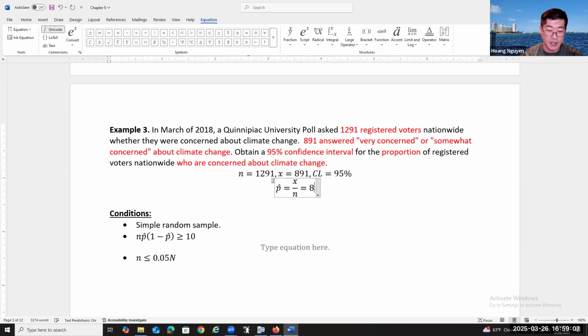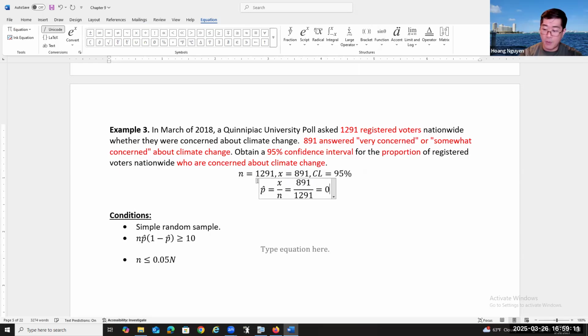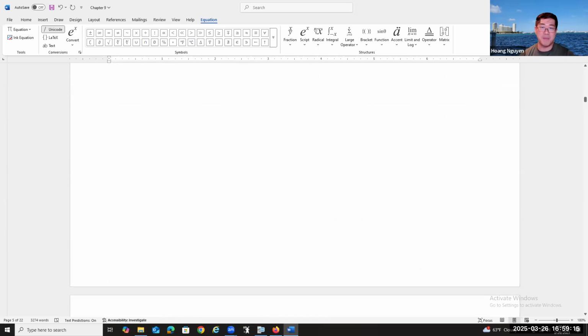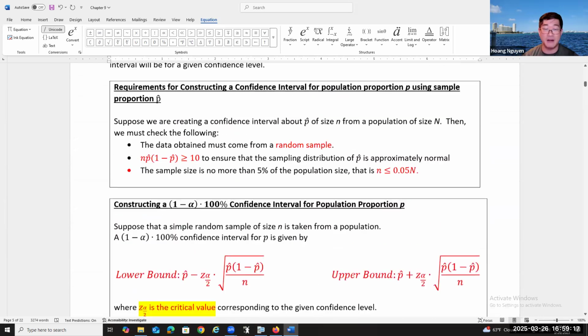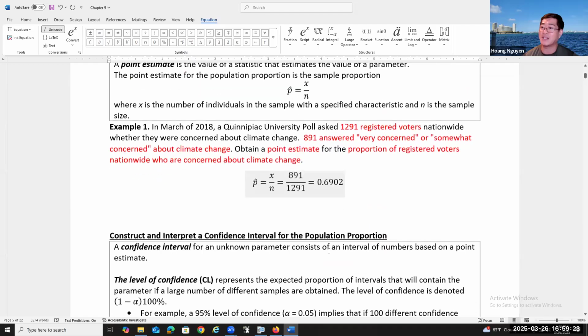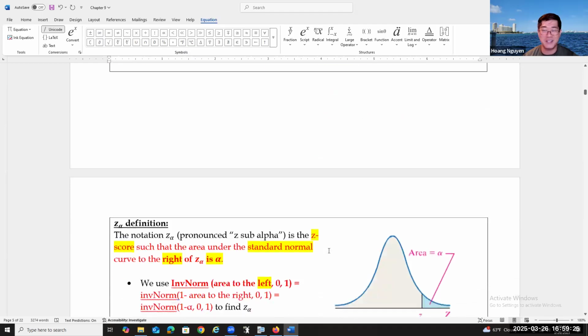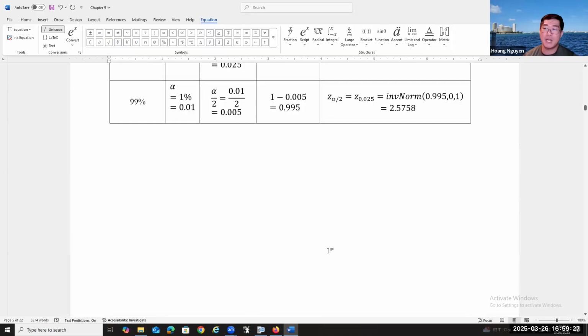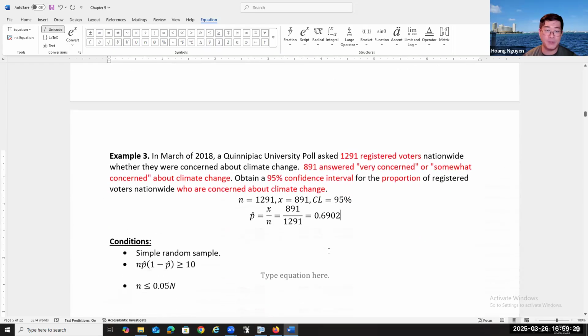Okay, so x equals 891 divided by 1291, which is 0.6902. We did that calculation earlier, right? You can remember the first example we did earlier. Yeah, so 891 divided by 1291 is 0.6902. I just recycle that answer. Okay. So that's going to be the estimate of the sample proportion p hat.